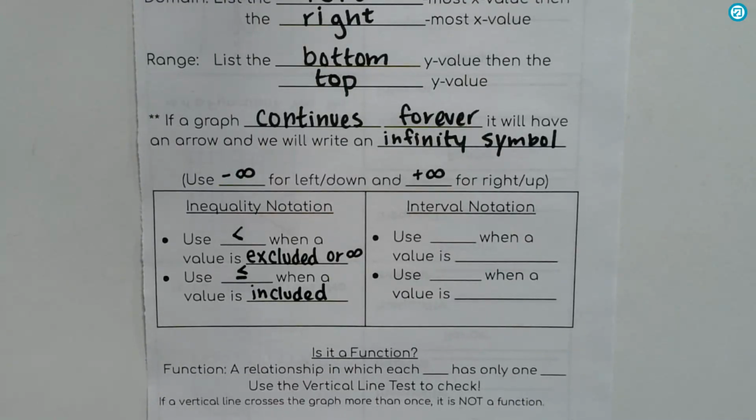Okay. Interval notation, we use either parentheses or brackets. And we say the left to the right, we put the two numbers together and we either put them in parentheses, so it kind of looks like an ordered pair, but it's not. Or you put them in brackets.